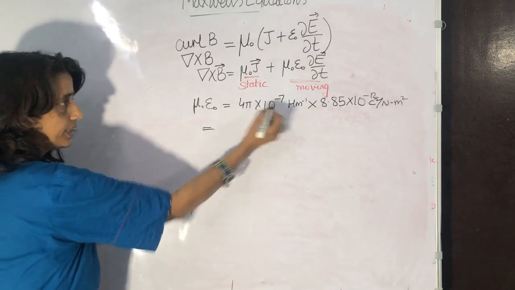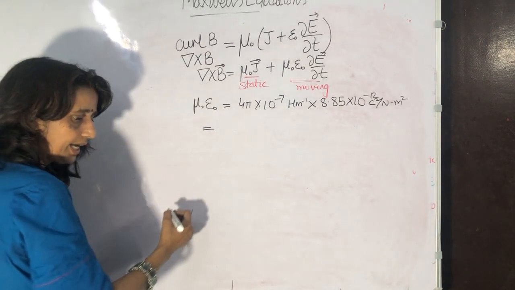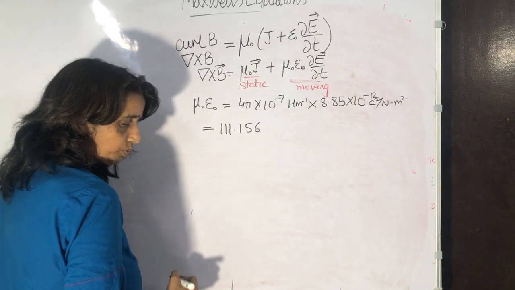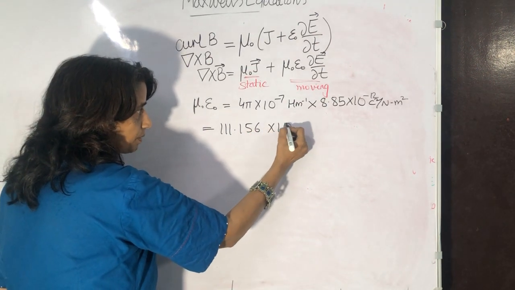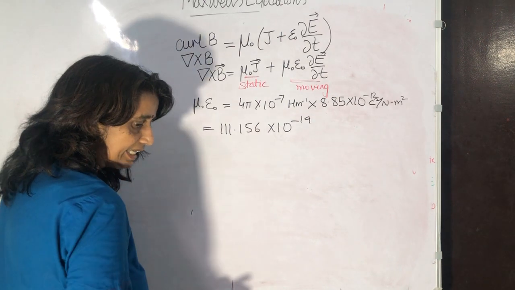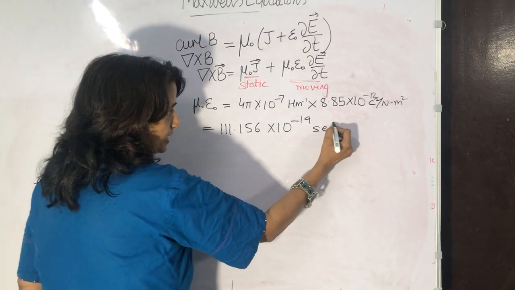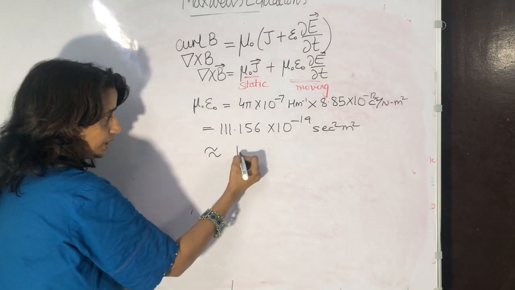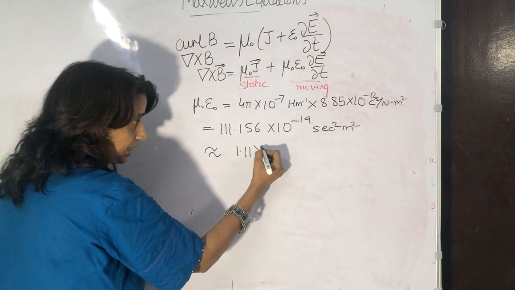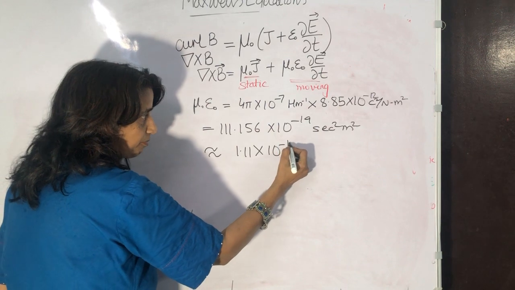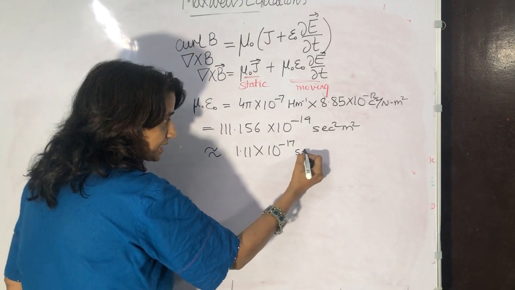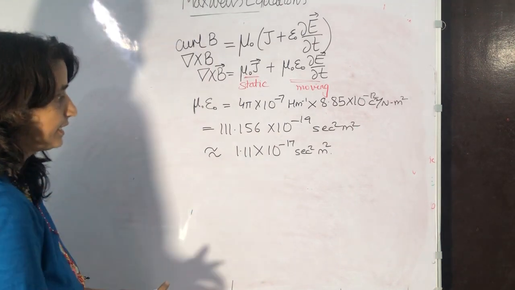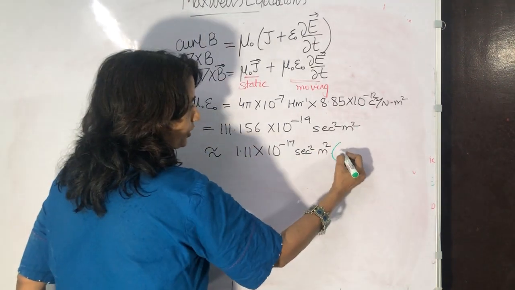I solve this mathematically. I get the value as 111.156 into 10 to the power of minus 19. Unit is second square per meter square, or approximately this value is 1.11 into 10 to the power of minus 17 second square per meter square. This is a very small quantity.